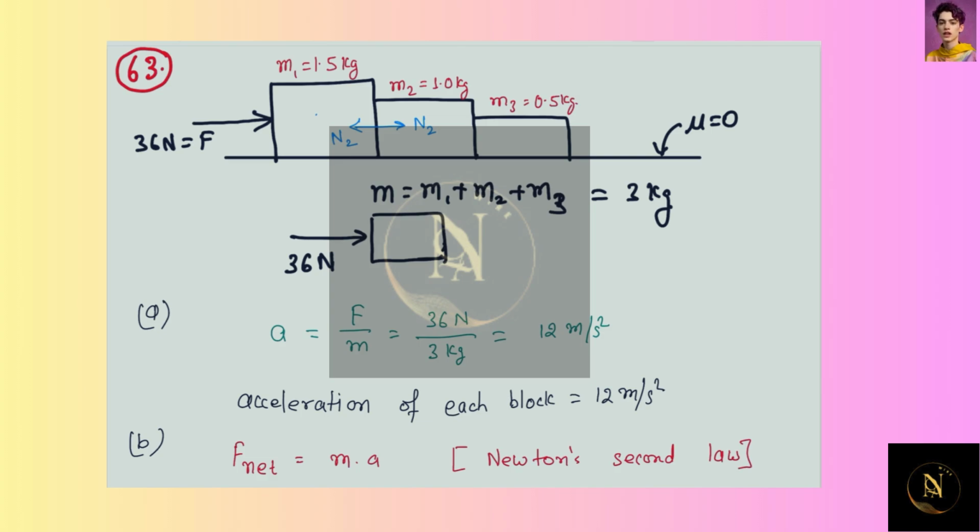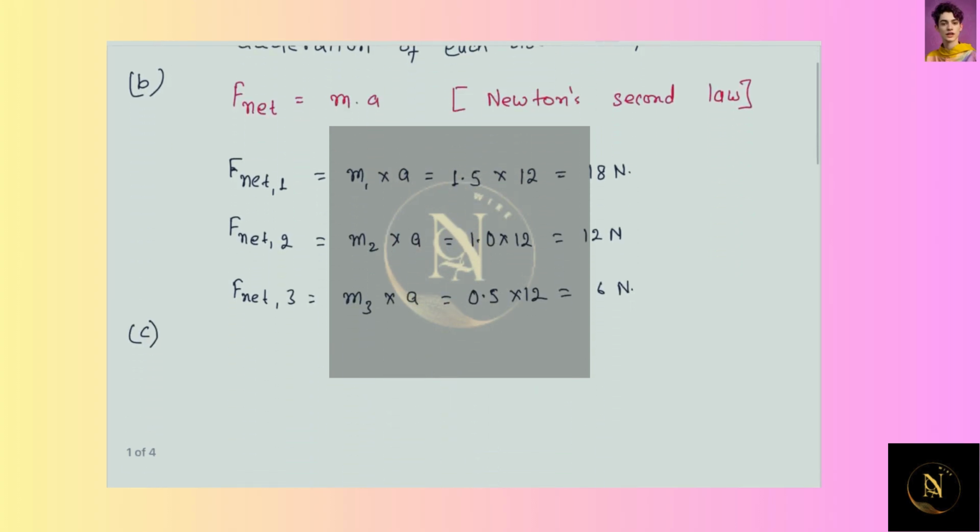Let the force between blocks M2 and M3 be N3. From Newton's third law, block 3 will also push block 2 with the same force N3 in the opposite direction. These are the action and reaction pairs. Now we can draw a free body diagram for each of the blocks.